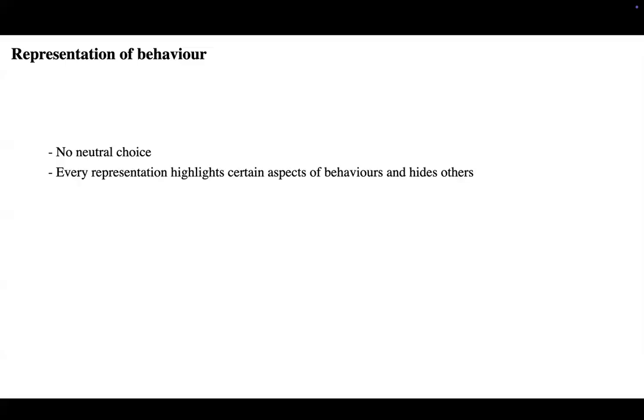There is not really, at least not currently, a completely neutral choice. It depends highly on what you were after, what your research question was, and how you designed your paradigm. Every representation will highlight certain aspects of behavior and hide others, so it's important to select the right ones smartly. Representation itself becomes a modeling decision.